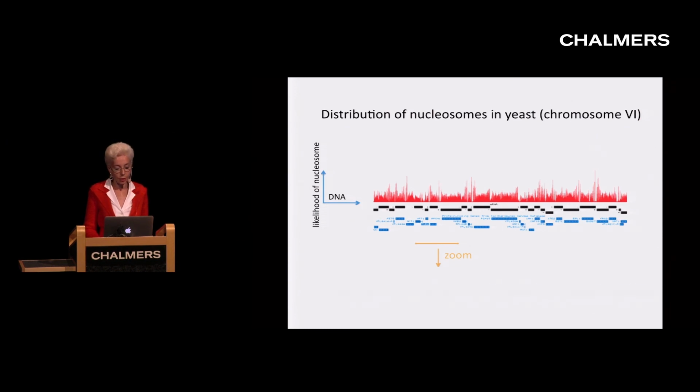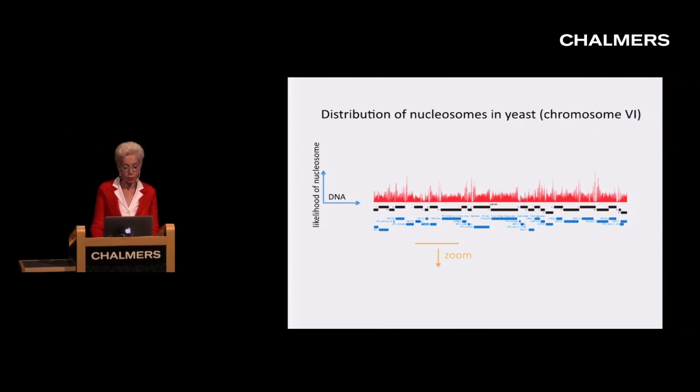Here you see an example of results obtained by many workers, showing the likelihood of occurrence of a nucleosome as a function of distance along a 100,000 base pair region of yeast chromosomal DNA, about 1% of the yeast genome. Below are indicated the locations of RNA transcripts in black and genes in blue in the region shown.